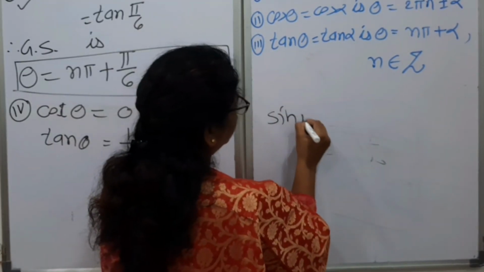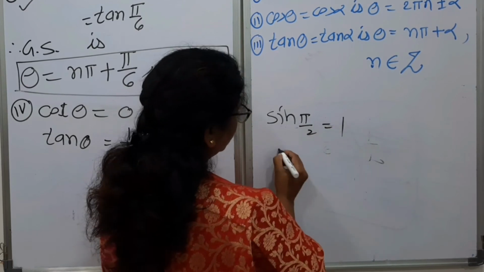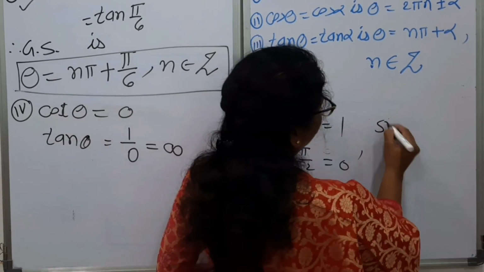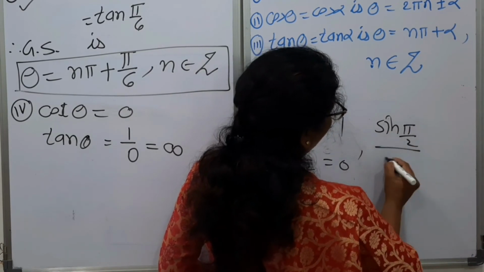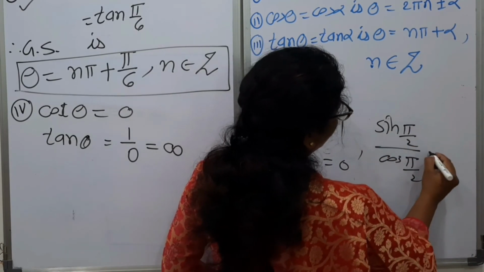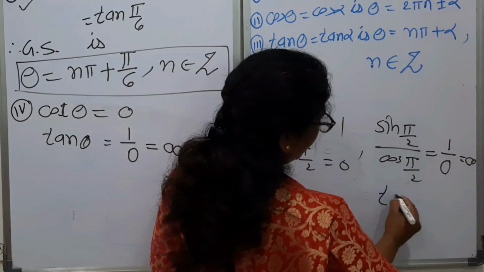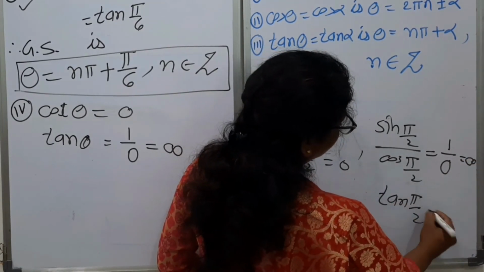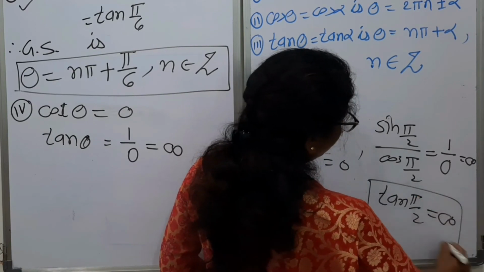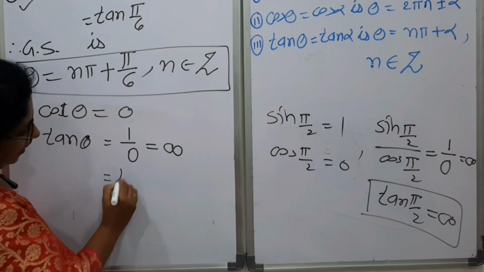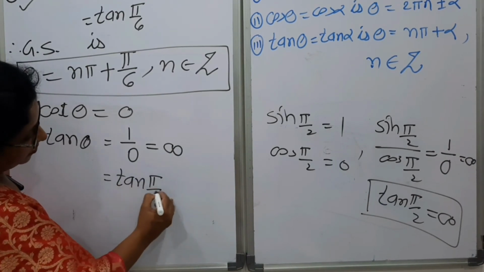We know that sin pi by 2 is 1 and cos pi by 2 is 0. If we write sin pi by 2 upon cos pi by 2, then it is 1 upon 0, that is infinity. It means tan pi by 2 is infinity. So instead of infinity we will write tan pi by 2.